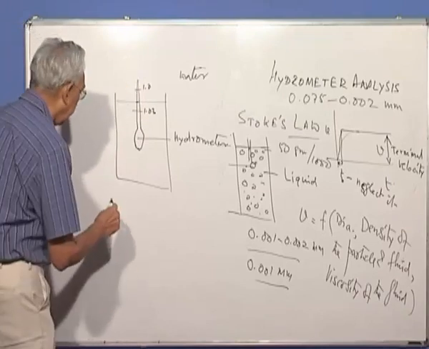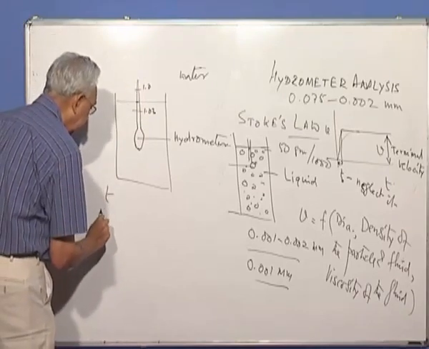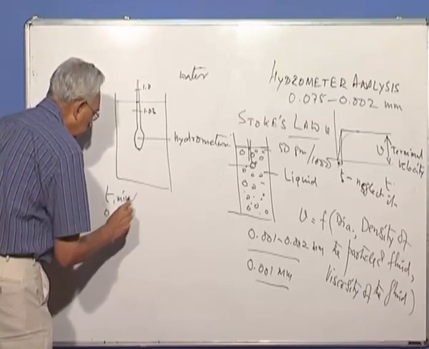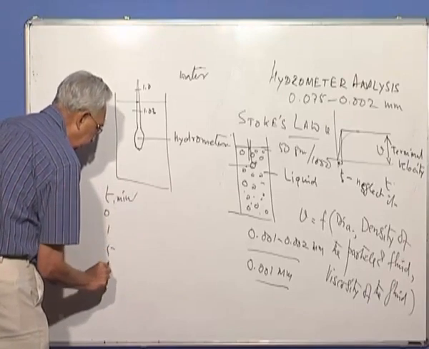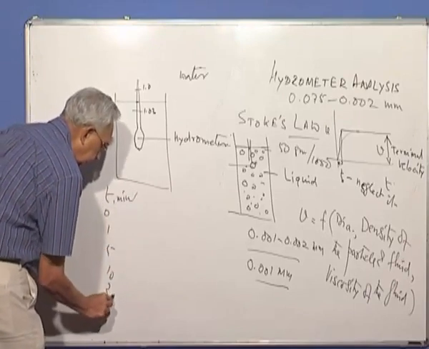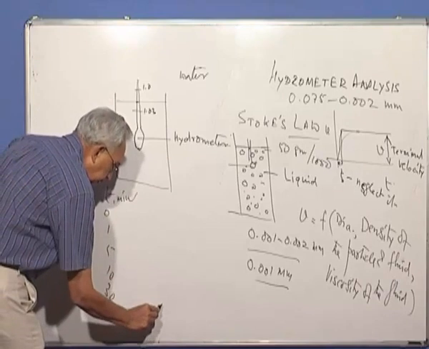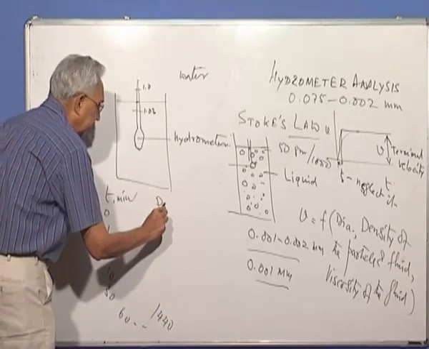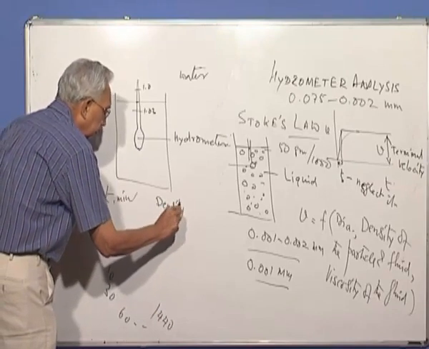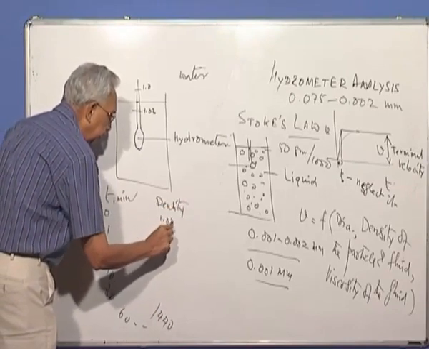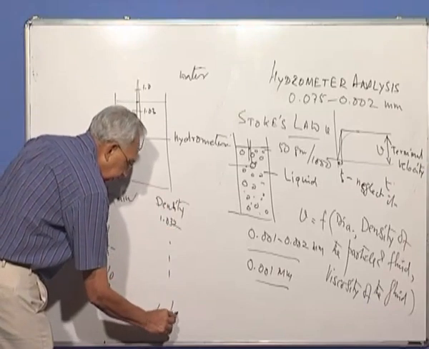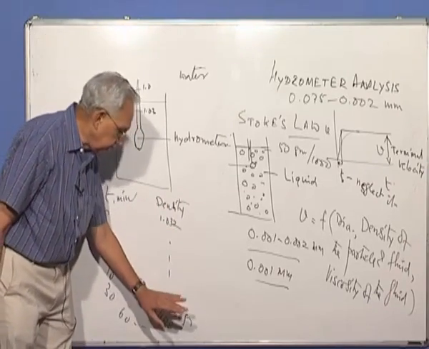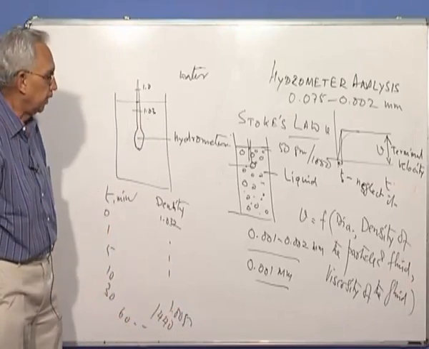So at different times, t, say I start with t0 in minutes, I get 1 minute, 5 minutes, 10, 30, 60, I go on up to 1 day, which is 1440 minutes. I take the reading of density, which will start with say 1.32 and goes on decreasing to 1.005. You know the density of water is 1, so by the time you get a small value.